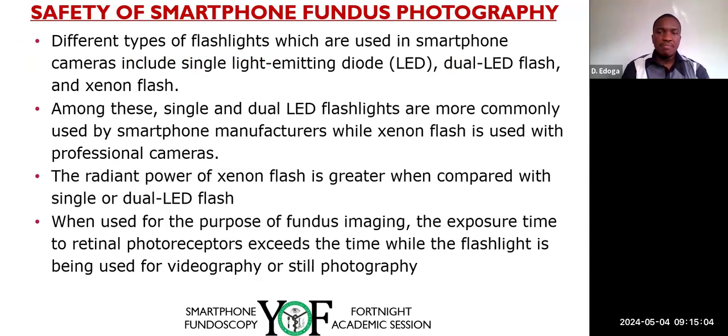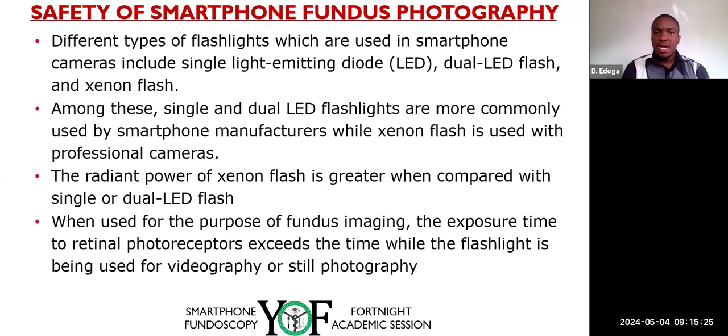Then over time, we started having multiple flashes, or even if you have one flash, it may be dual LED, maybe xenon. So most of the studies that have used smartphones for this photography have used either a single light emitting diode or a dual light emitting diode.